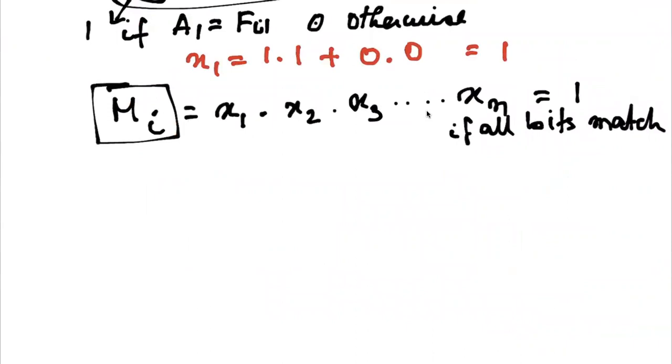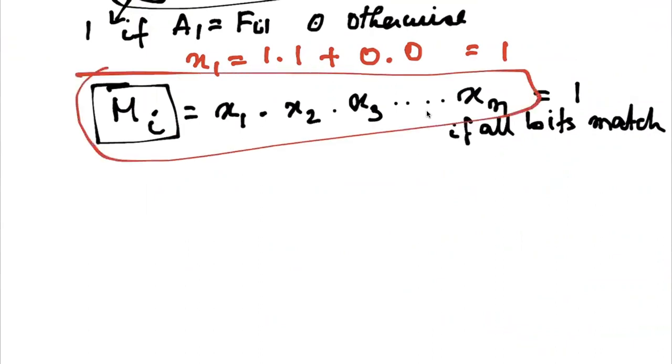And I get it from this particular function. So this is my Boolean function for comparing the bits of the argument register and the corresponding words in the match register.